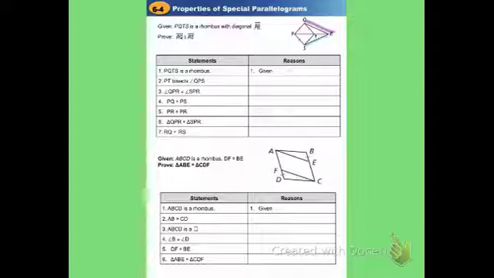If we just scope out this proof, the statements are already provided, we just have to come up with the reasons. I can see that along the way I'm going to be proving that these triangles are congruent, and the triangles are PQR, that triangle, and this triangle, SPR.